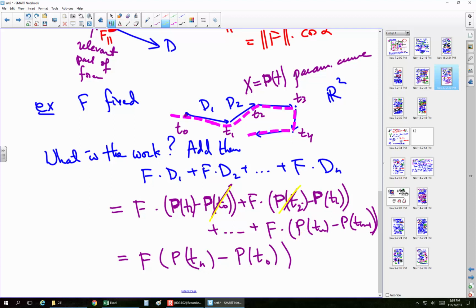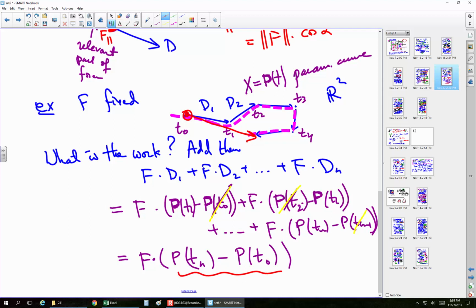All of these will cancel. So the end result is the dot product of my constant force with the total displacement. So the total displacement I'm referring to is this one.